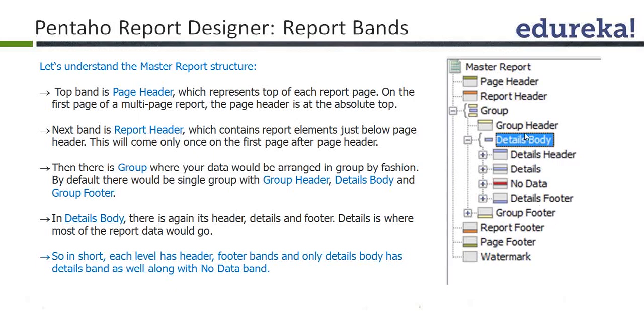This is common for each of the default elements, what we can say: page, report, group and details. These 4 elements will have header and footer. So like page header, page footer, report header, report footer, group header, group footer, and details header, details footer. Each of these types will have details as well.